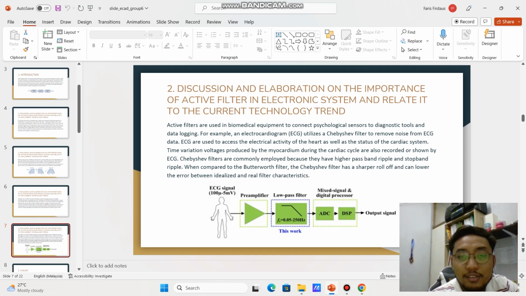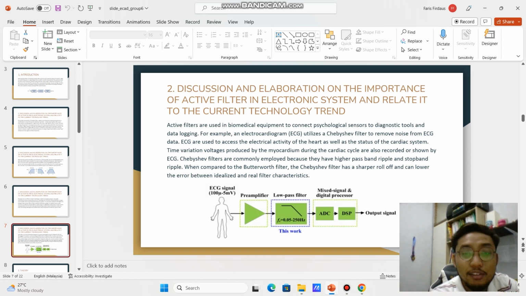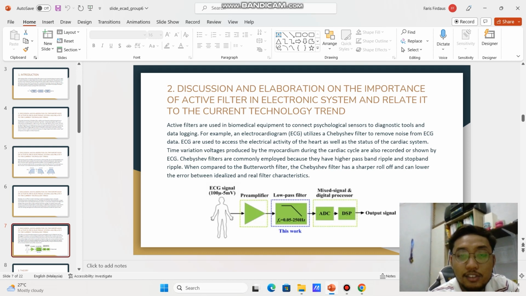Time variation voltage produced by the myocardium during the cardiac cycle is also recorded or shown by ECG. Chebyshev filters are commonly employed because they have higher pass band ripple and stop band ripple. When compared to the Butterworth filter, the Chebyshev filter has a sharper roll-off and can lower the error between idealized and real filter characteristics.